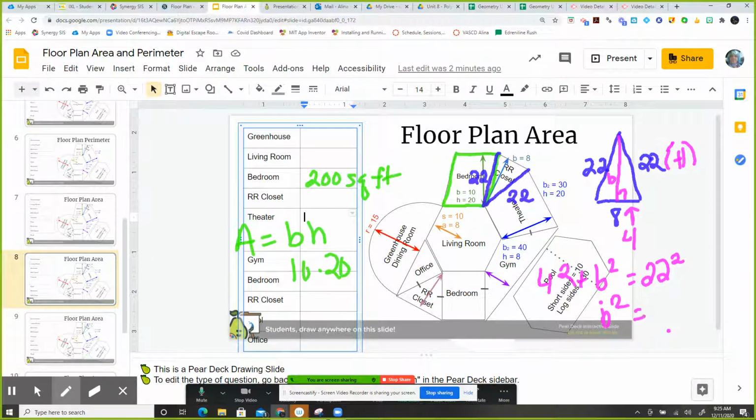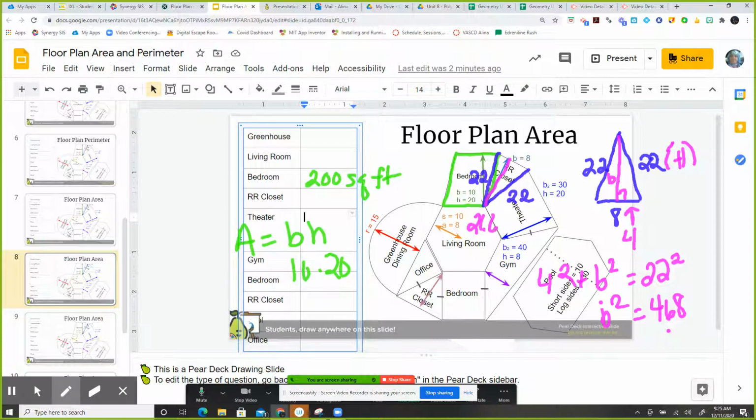So b squared equals what? 22 squared minus 4 squared is 468. And then I got to take the square root. I got 21.6. So this height is 21.6.